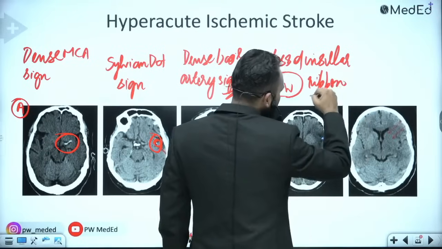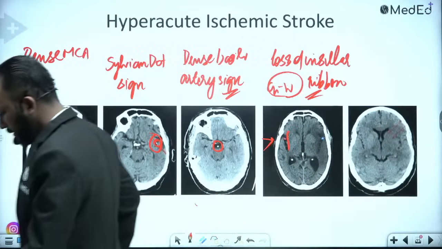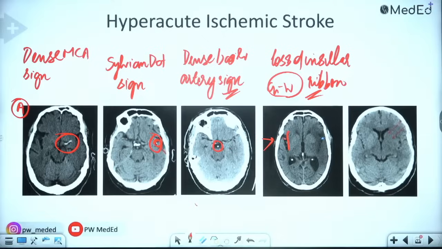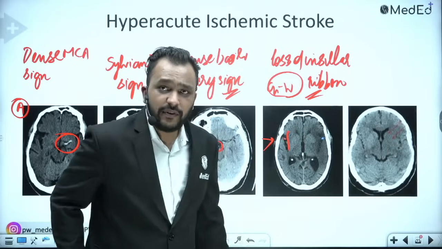And in the fifth image, just tell me what is the sign that you can see. In the fifth image, we can see that the basal ganglia is not very well visualized.